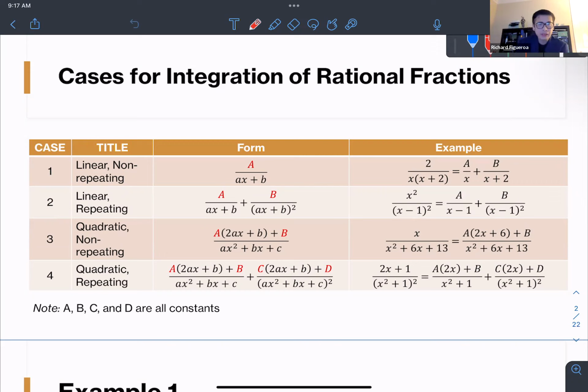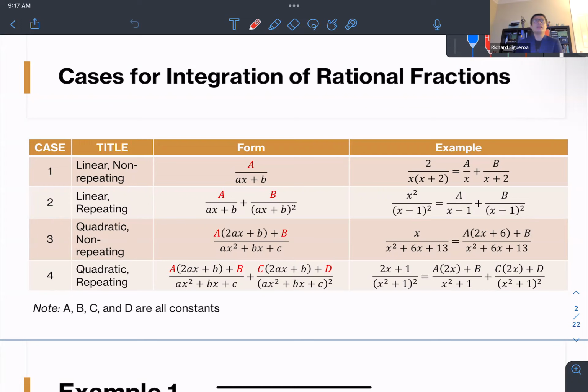In determining the case to be used, we have to take a look at the denominator of the given rational integrand. Once we look at the denominator, we have to decide whether the given denominator is factorable or not.